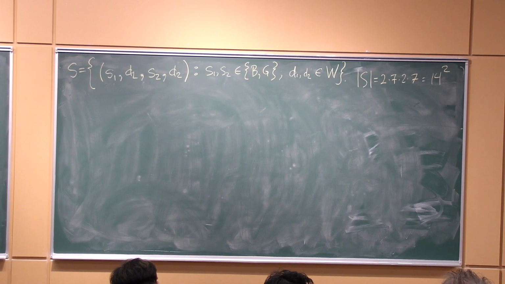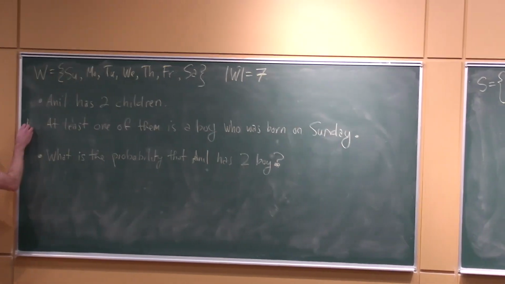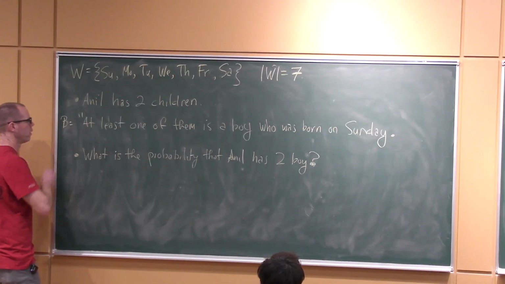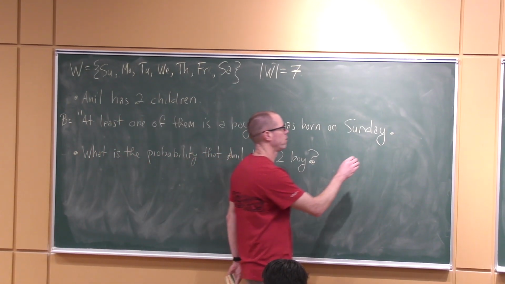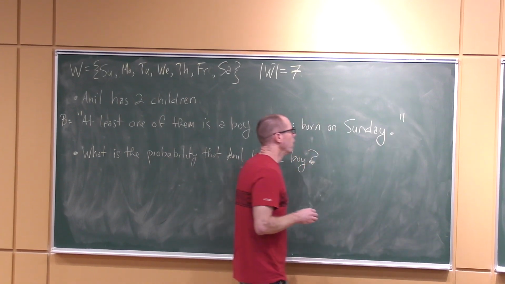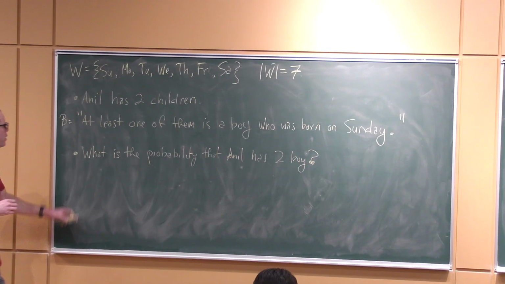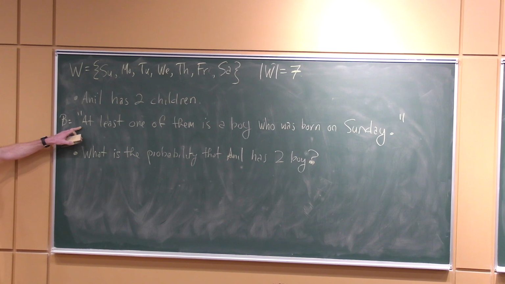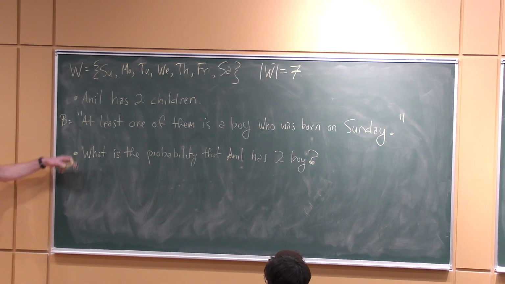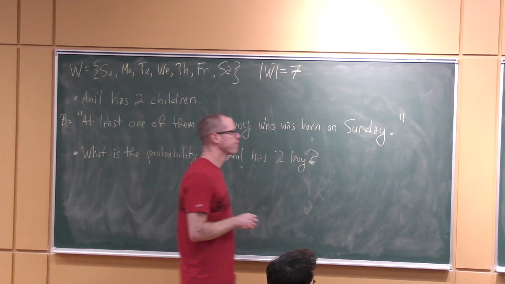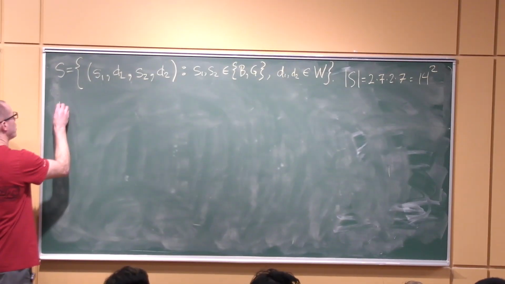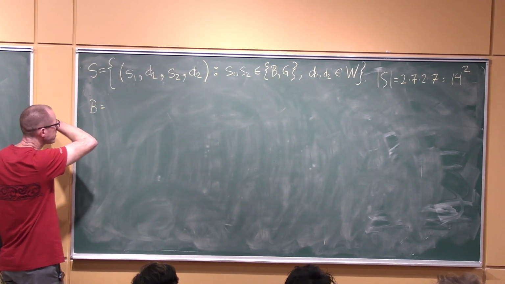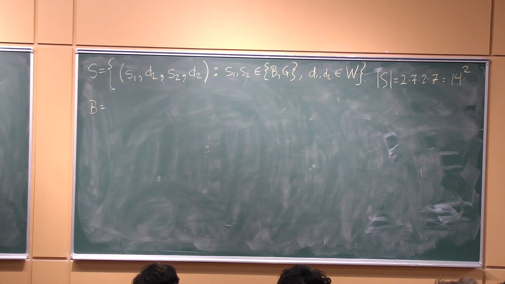Okay. Now we have this condition B. It says that at least one of these children is a boy that was born on Sunday. So we want to write that down as a set so we can figure out its size.